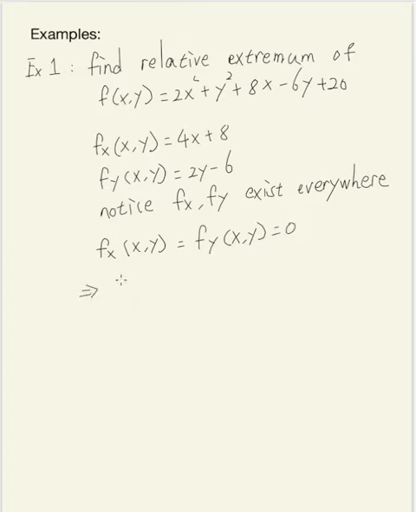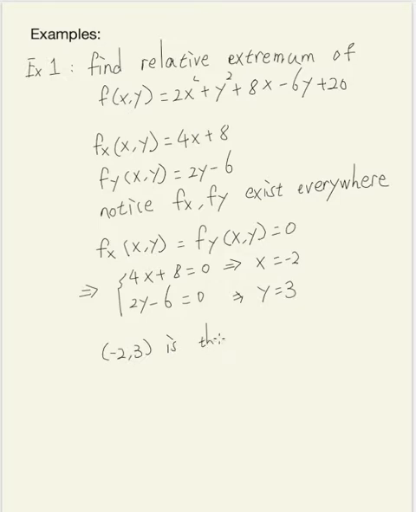That gives us 4x plus 8 equals 0, and 2y minus 6 equals 0. x equals minus 2, y equals 3. Therefore, (minus 2, 3) is the only critical point.